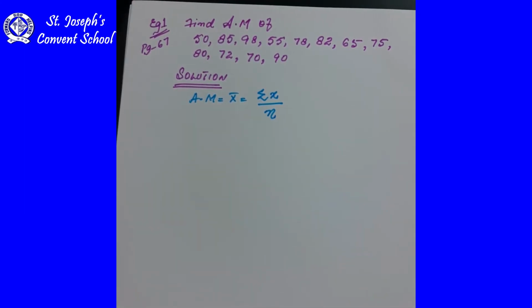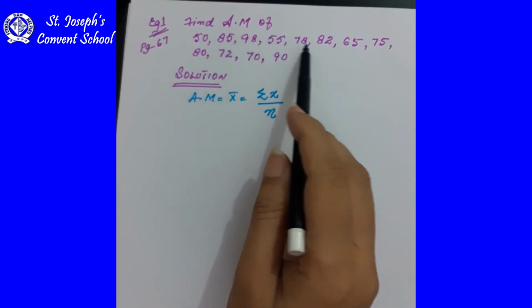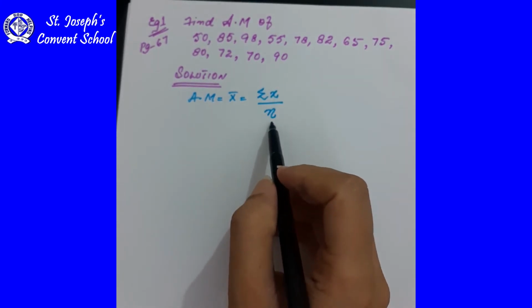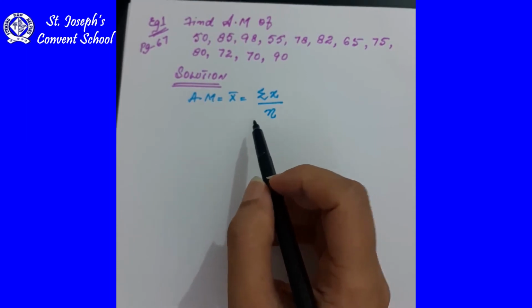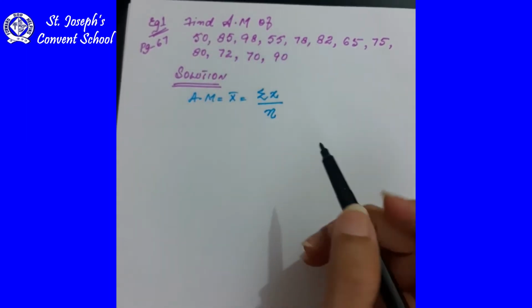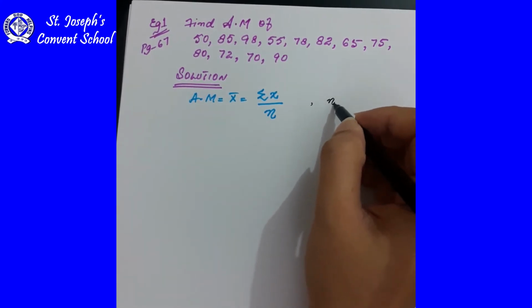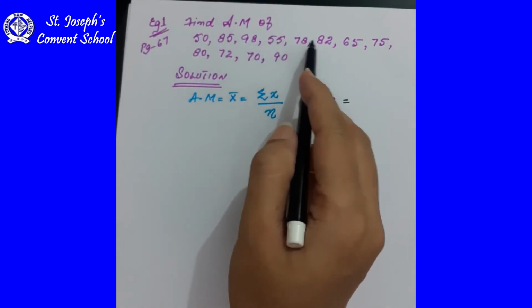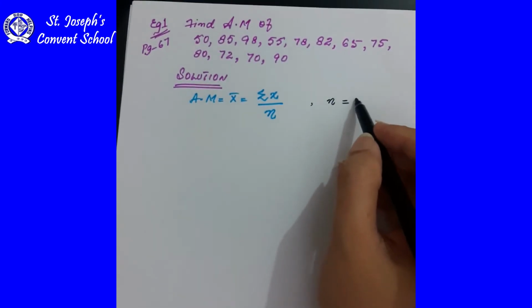Now in the question, sigma x means the sum of all these values. We are going to add all these values, and n means the total number of observations, so you have to count how many values there are. In this case n is 1 2 3 4 5 6 7 8 9 10 11 12. So n is 12.